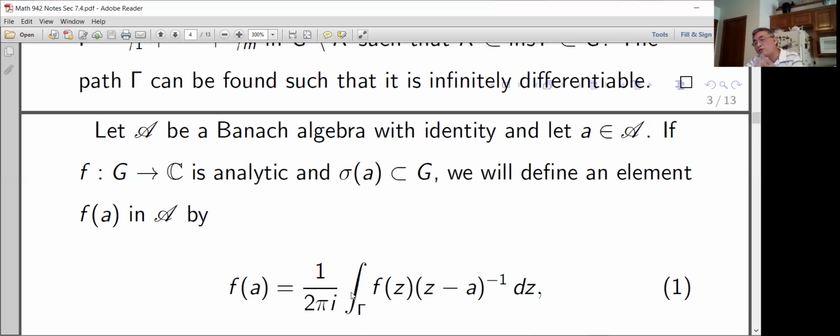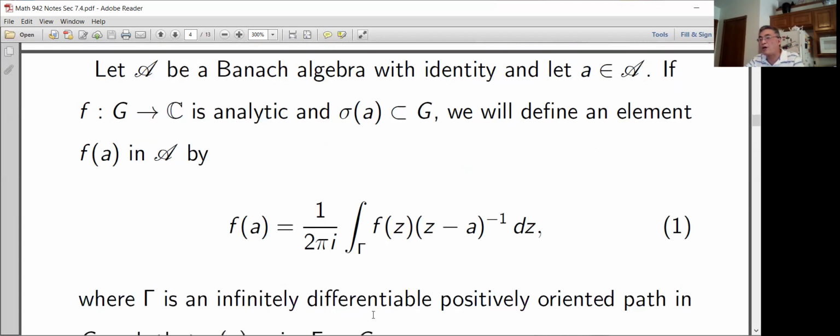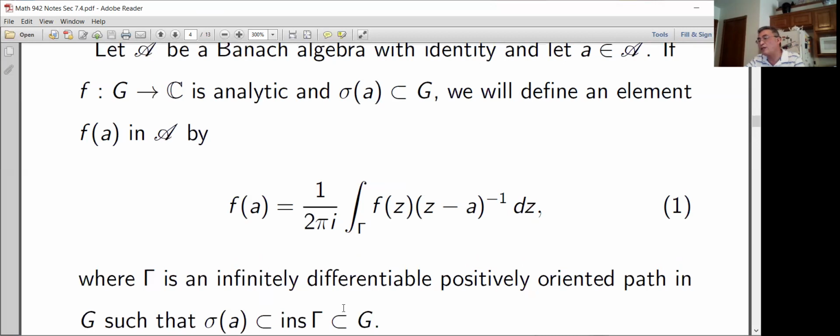That is, we have to show that this integral is independent of the choice of gamma, where gamma is an infinitely differentiable positively oriented path in G such that sigma of A is inside of gamma and which belongs to G. We say infinitely differentiable because in the previous proposition we can always find such a path.